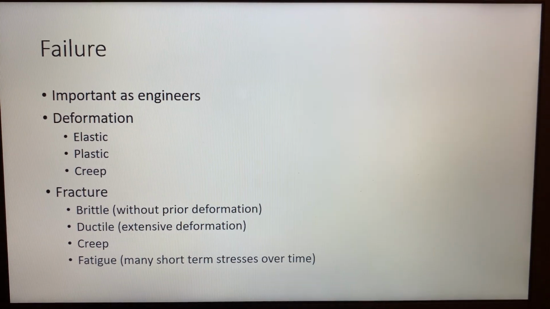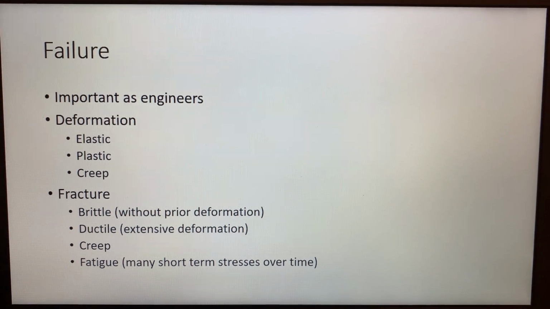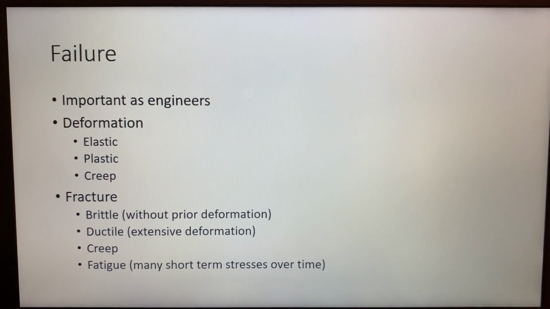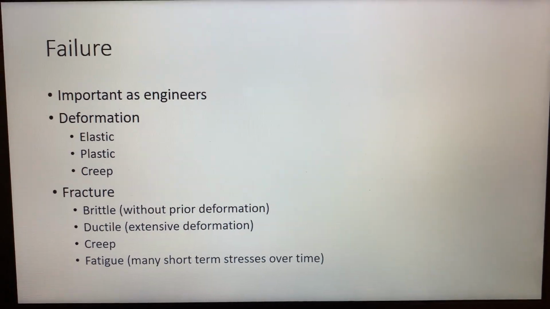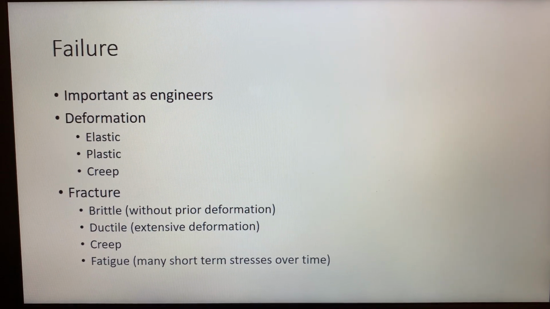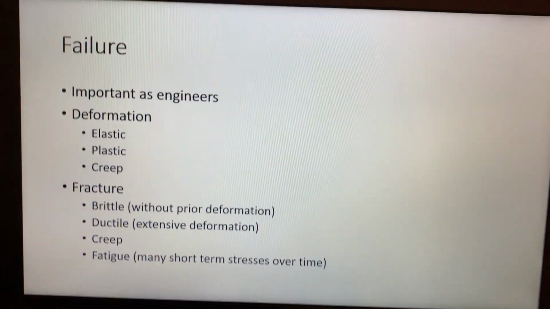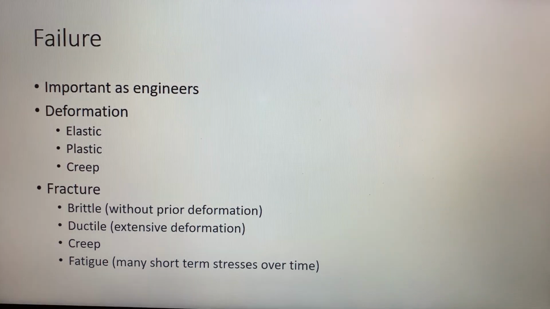Now, one of the most important things for engineers is failure. Failure could come in a lot of ways. Deformation is an example of failure. There's elastic deformation, plastic deformation, and creep. An easy way to remember the difference between elastic and plastic is that elastic is like a rubber band.